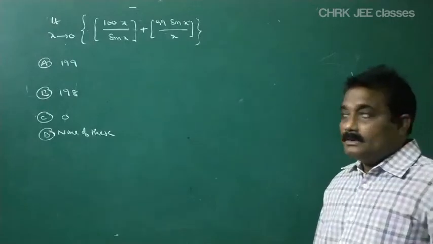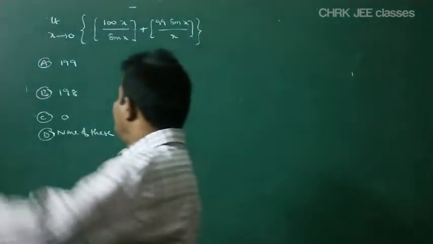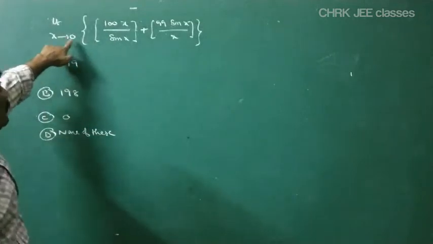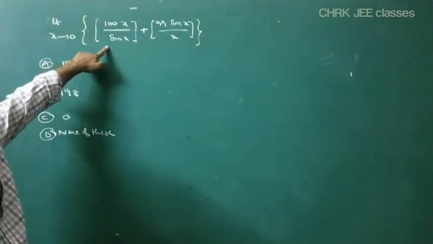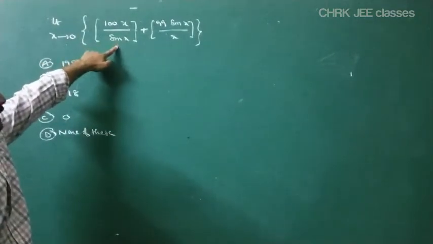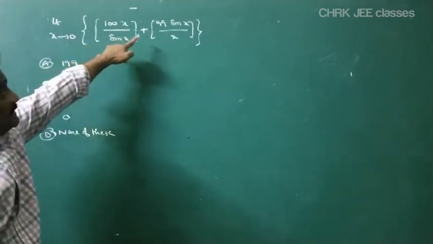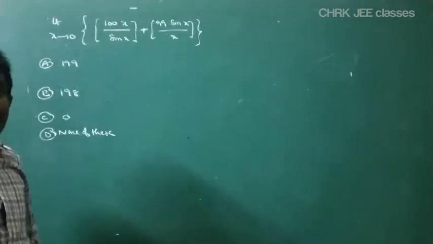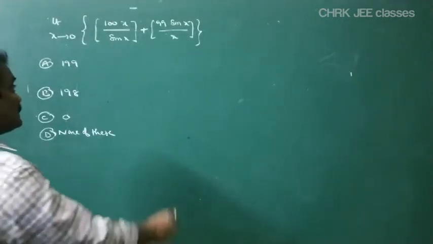That's why we are going into another example, that is limit x tends to 0, integral part of 100x by sin x plus integral part of 99 sin x by x.